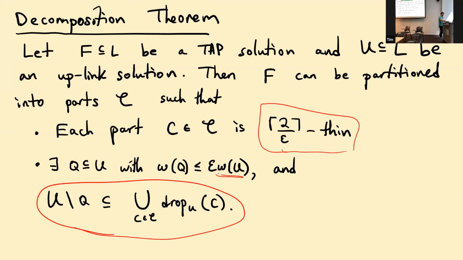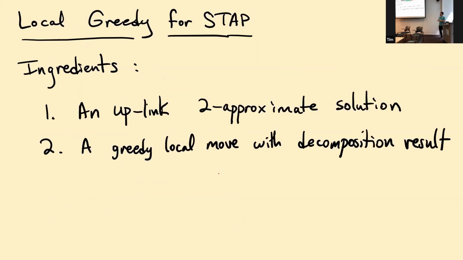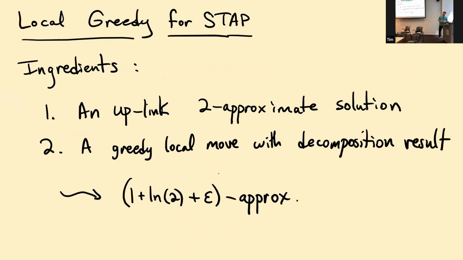Essentially, to use the local greedy algorithm, the two ingredients are that I need to have a structured two-approximation as my initial solution, and then I need to describe a local move and a decomposition theorem, which shows that you can always make it an improving move.